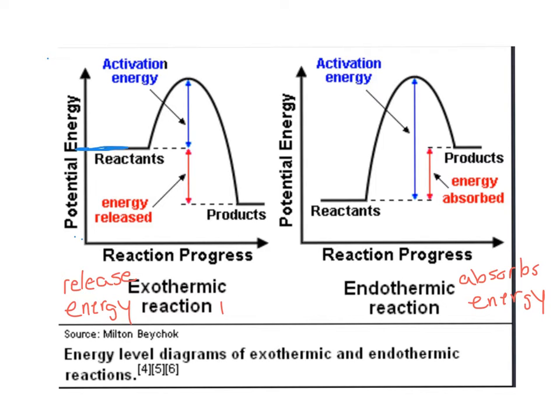We have the reactants. The reactants have a certain amount of energy that is stored within their bonds. So for example, if I had hydrochloric acid, HCl, in this bond that keeps them together, there's a certain amount of energy there.